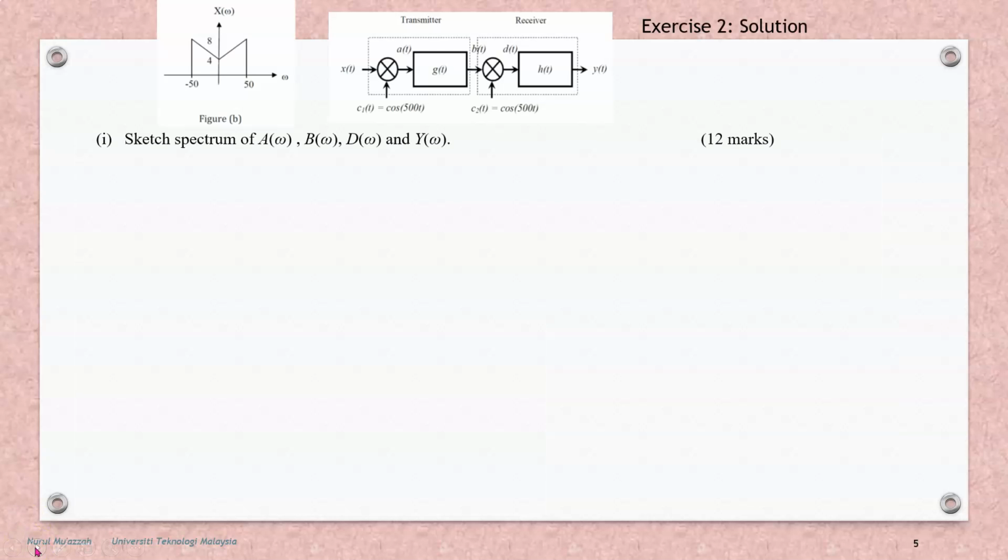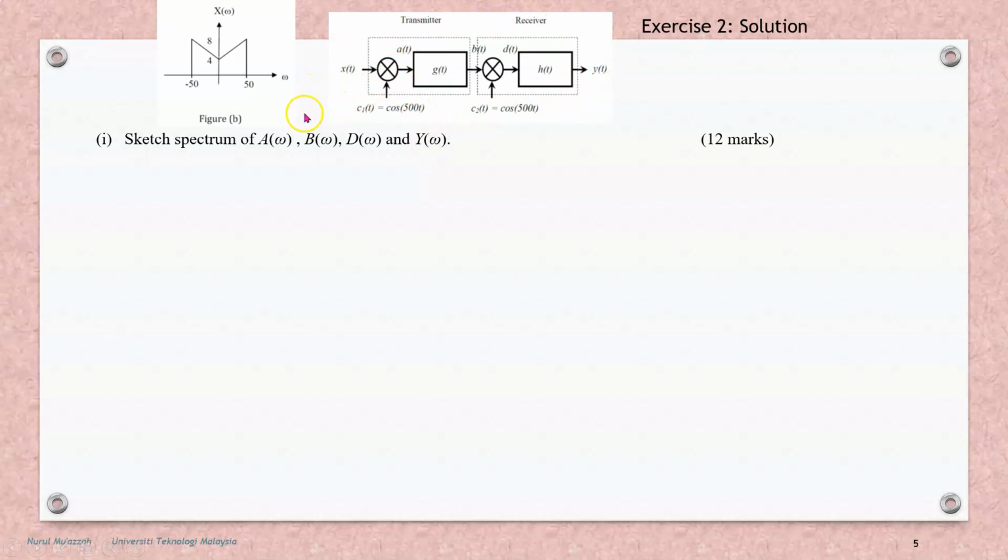And the equation here, I put the diagram here again for easy reference. So the equation here is the spectrum of A omega, B omega, D omega, and Y omega. So where do these terms come from? We refer back to the diagram.